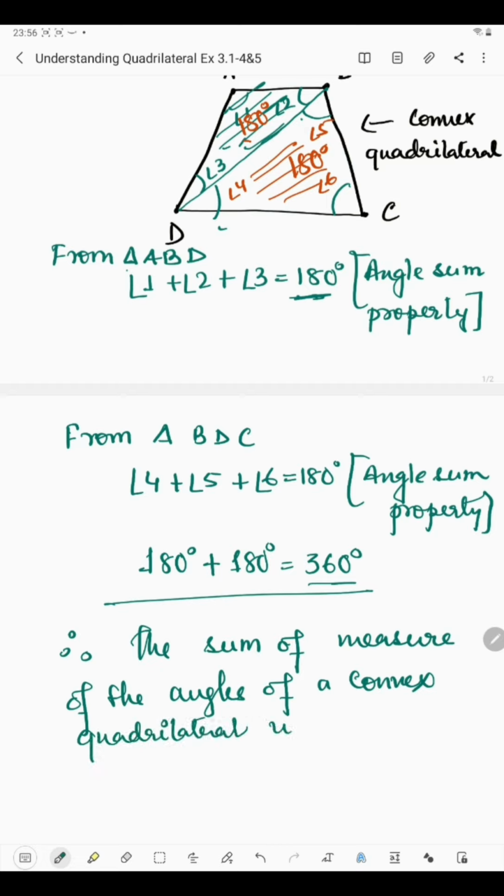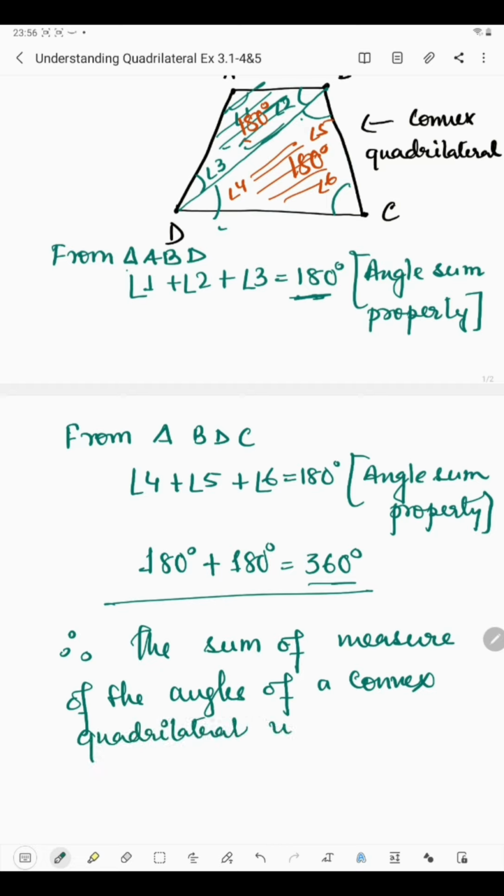So in the case of a concave polygon, one vertex will be in the interior portion. And see here, this angle is greater than 180 degrees, that means this is a reflex angle, and the diagonal is formed in the exterior portion, so this is a concave quadrilateral.